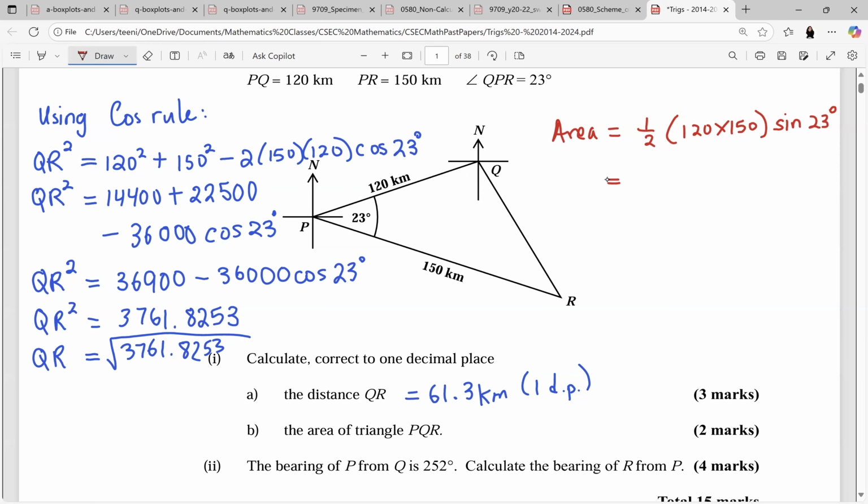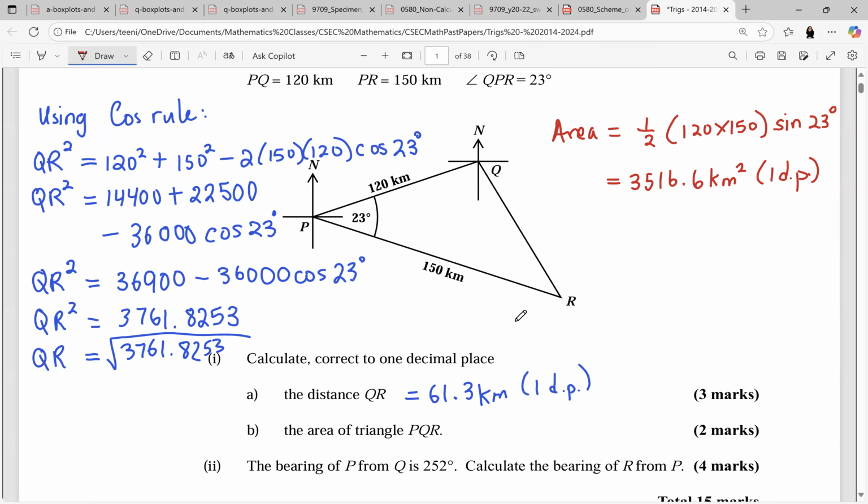3,516.58. That's correct. We're taking this to one decimal place, so it could be 0.6. So 3,516.6. And this is area, so it has to be kilometers squared. What did you do wrong the first time?